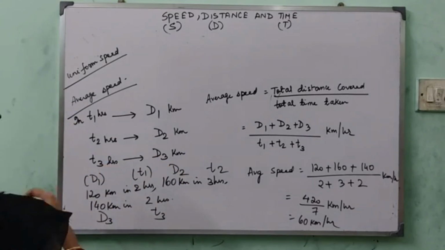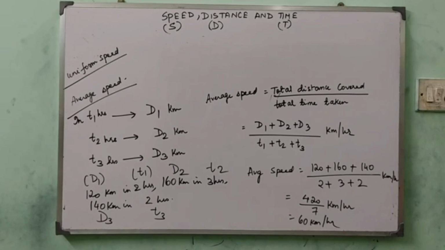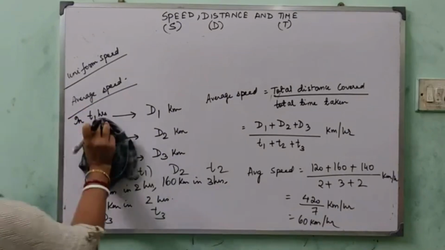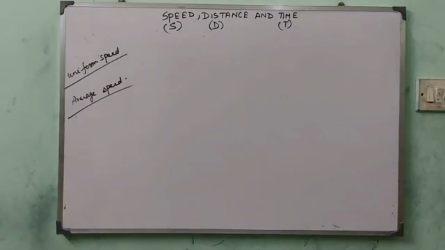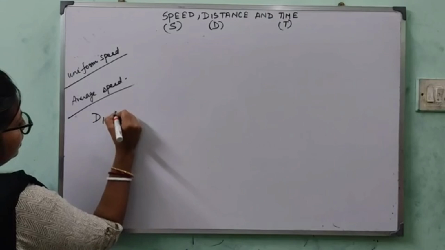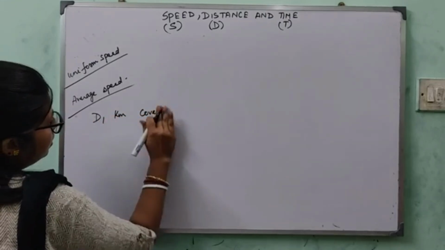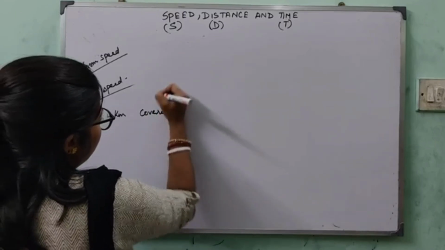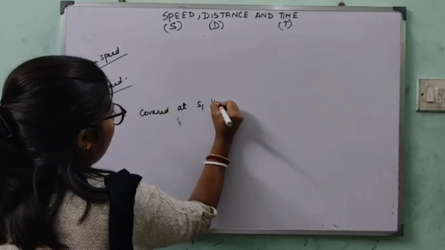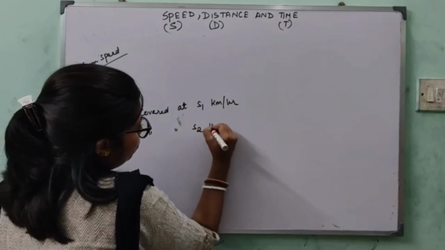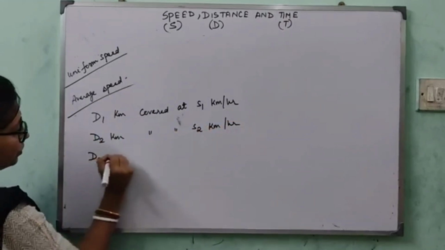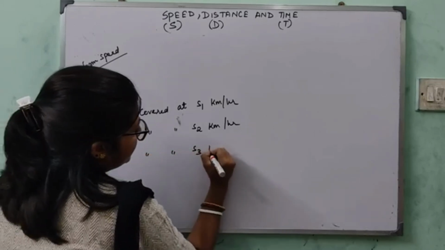Say it is in the form that a body is covering a distance d1 kilometers at s1 kilometer per hour speed, d2 kilometers at s2 kilometer per hour, and d3 kilometers at s3 kilometer per hour.